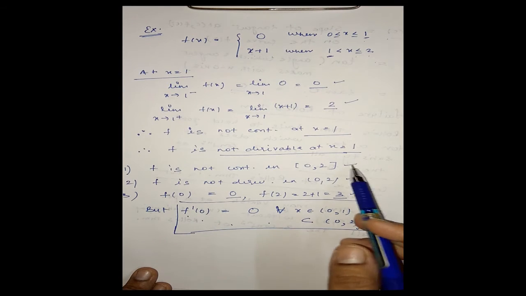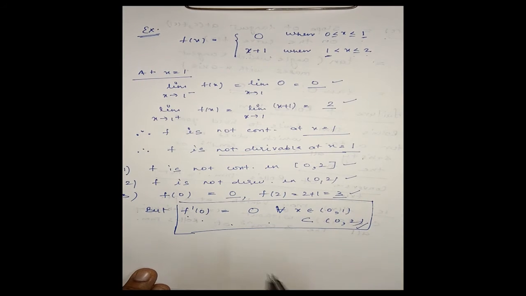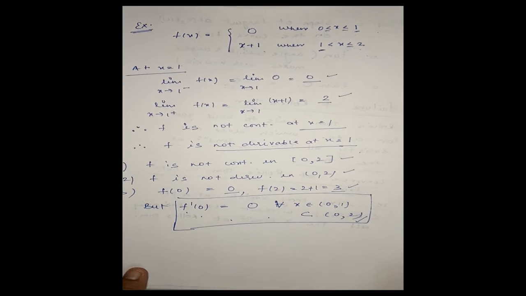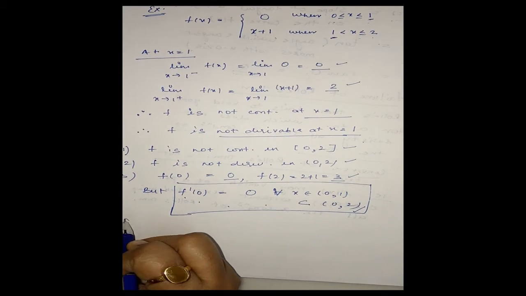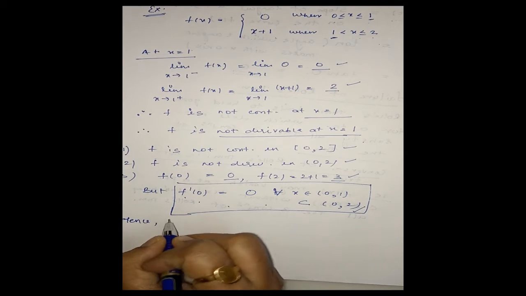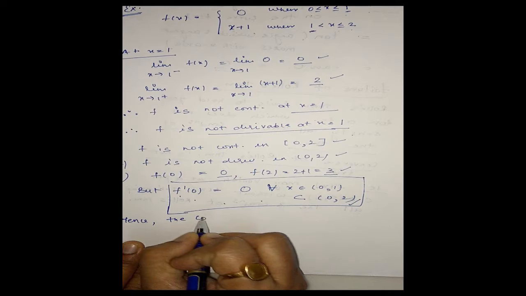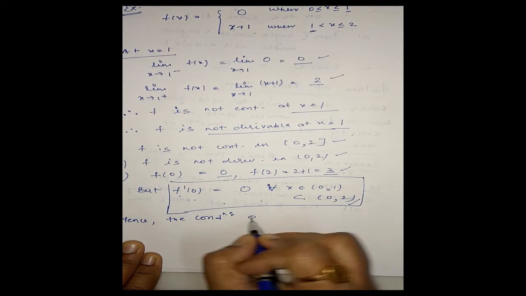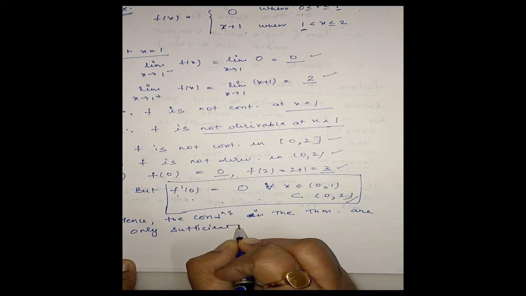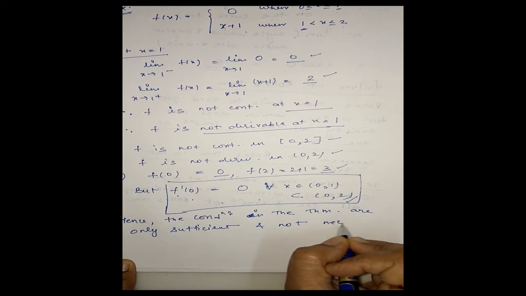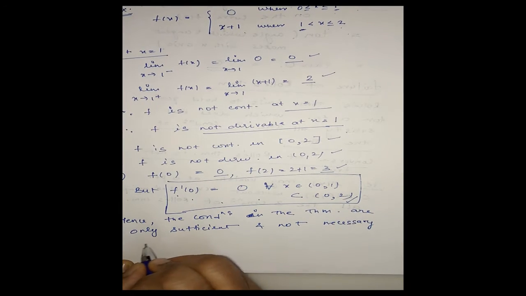This is the conclusion. The conclusion holds but the conditions do not. Hence we can say the conditions of Rolle's theorem are sufficient but not necessary for the conclusion.